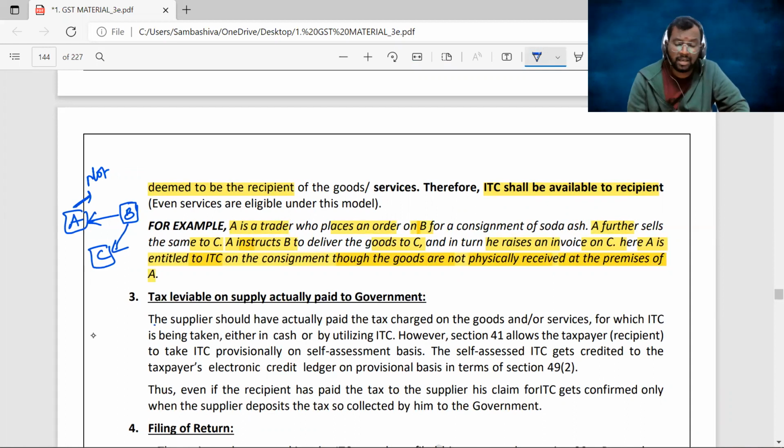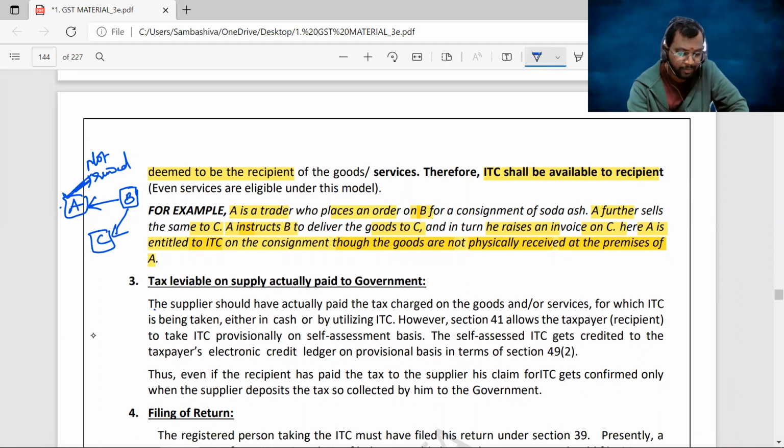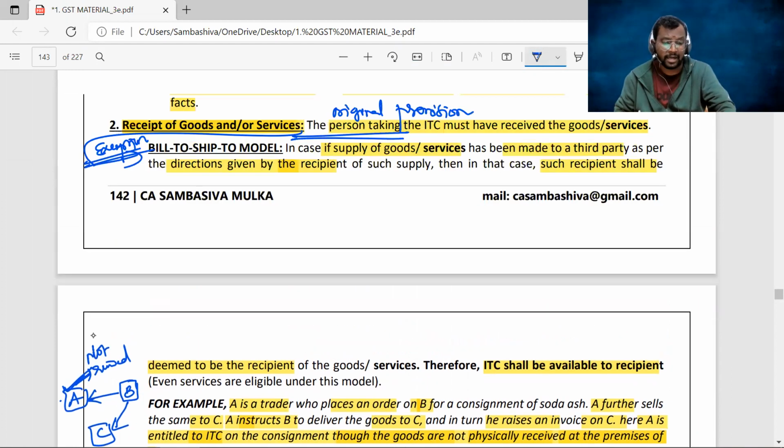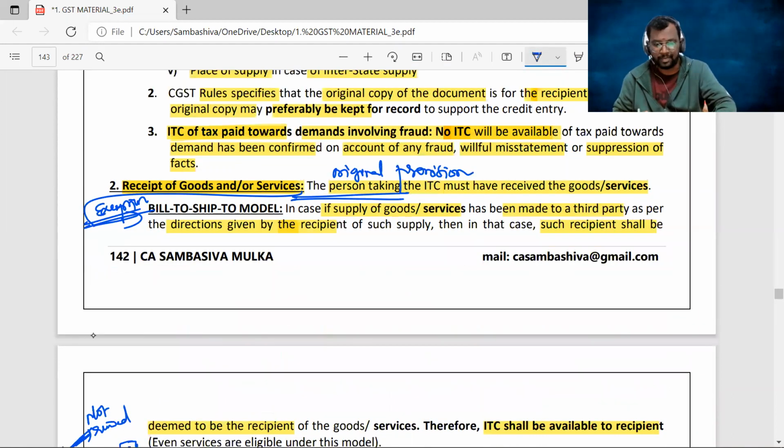Right, sir. Still, even though he has not received the goods into his premises, he can avail input tax credit. Are you following, sir? Right. So that's the second condition and its exception.